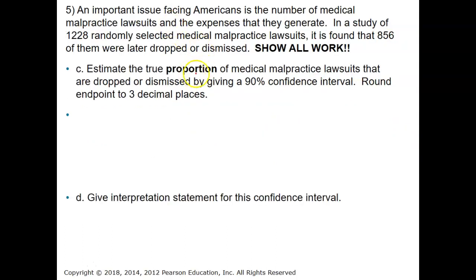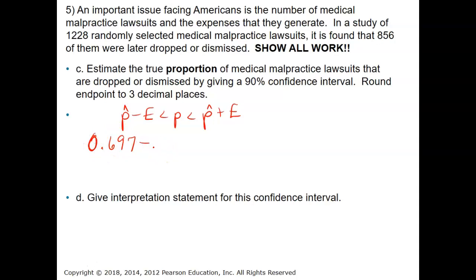Okay, we want to estimate the true proportion of medical malpractice lawsuits that are dropped or dismissed by giving a 90% confidence interval. So we're actually ready to do the p hat minus the error and p hat plus the error. Okay, so p hat in this case we said is 0.697.